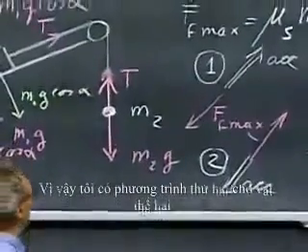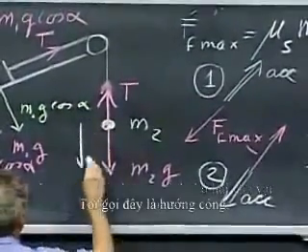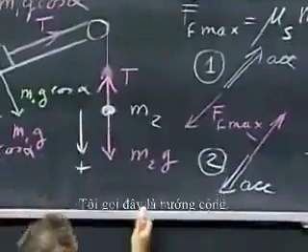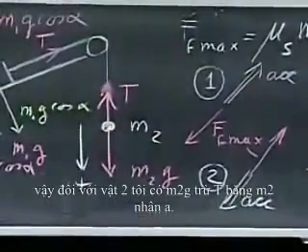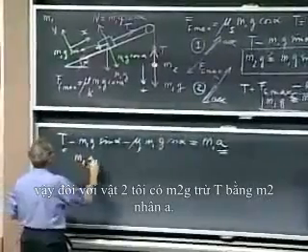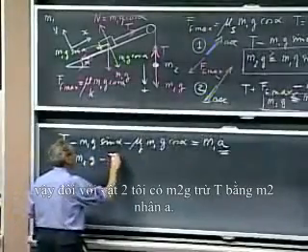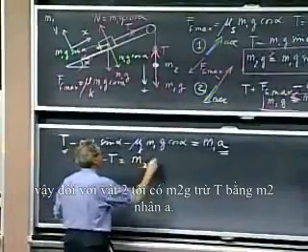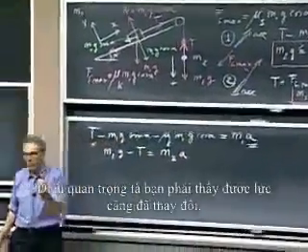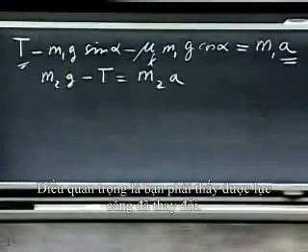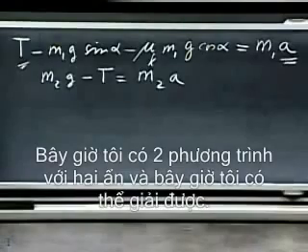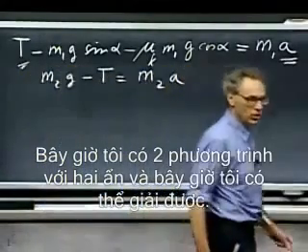So I have a second equation for object number 2. I call this the plus direction. So for object number 2, I have m2g minus T equals m2 times a. It is very important that you see that the tension will change. Now I have two equations with two unknowns. And now I can solve.